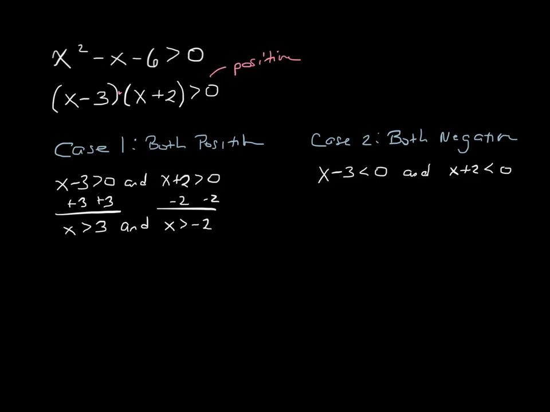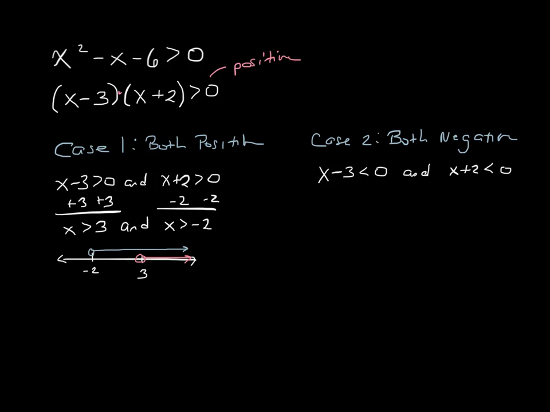So now we've got to simplify this. We want all the numbers that are greater than 3 and also greater than -2. What I like to do is to draw a number line. Here's our -2, here's our 3. Here are all of the numbers that are greater than 3. Then we want all the numbers that are greater than -2, and those are right here.